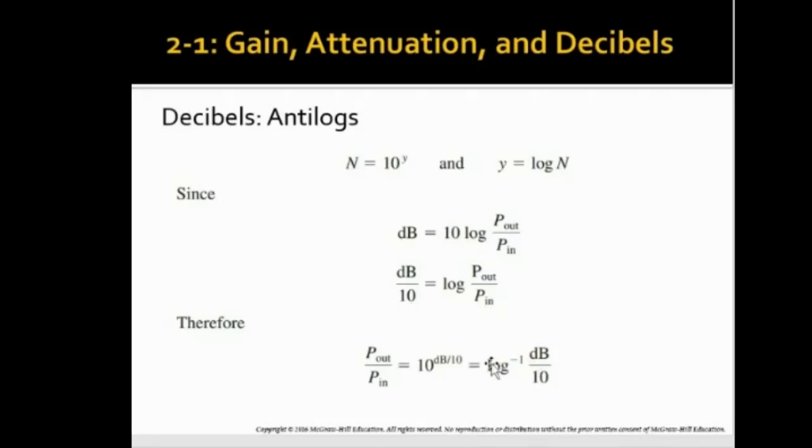If you have your decibel value, which is the gain or attenuation, divided by 10, then you get the anti-log of this. So then you can find P out over P in. This is the same as 10 raised to dB over 10, or 10 power of dB over 10.